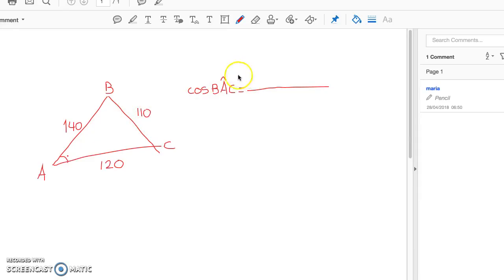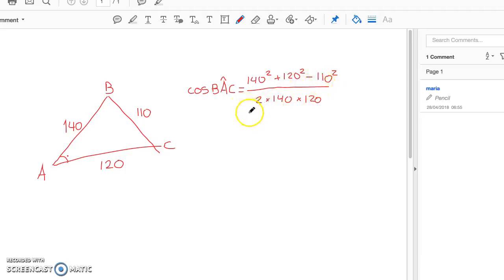Cosine rule is 140 squared plus 120 squared minus the opposite 110 squared, divided by 2 times 140 times 120. So the 2 adjacents and here the opposite.